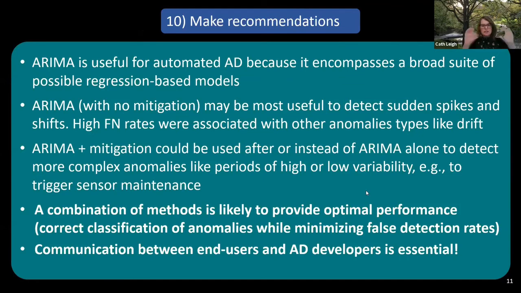So the next step in the framework, of course, is to make recommendations. Thinking back on our case study, we found that ARIMA was really useful for automated anomaly detection, because it encompasses a broad range of possible regression-based models.